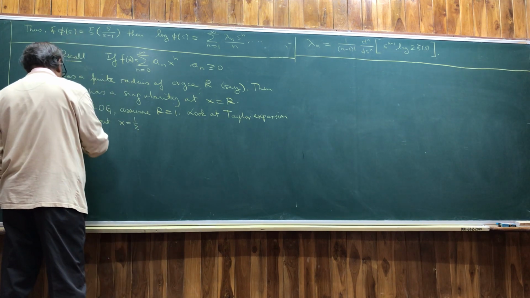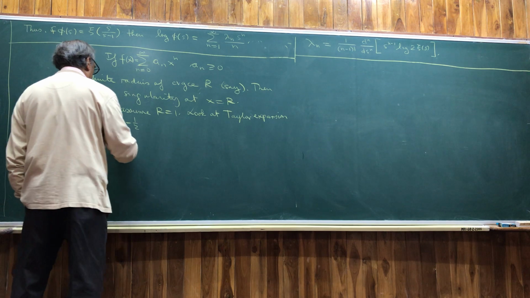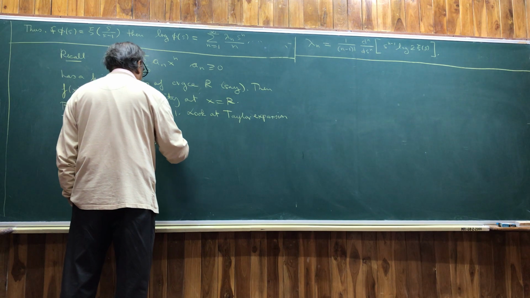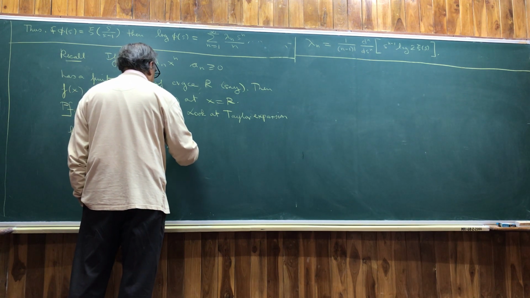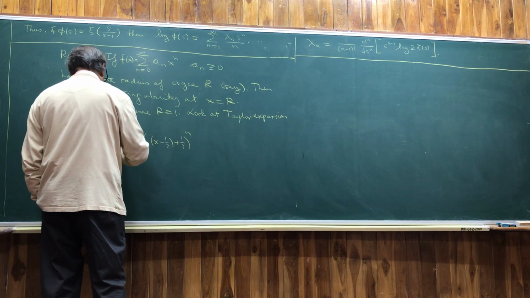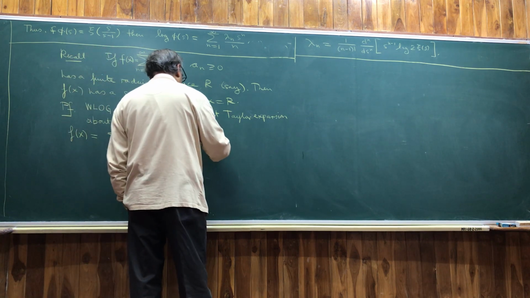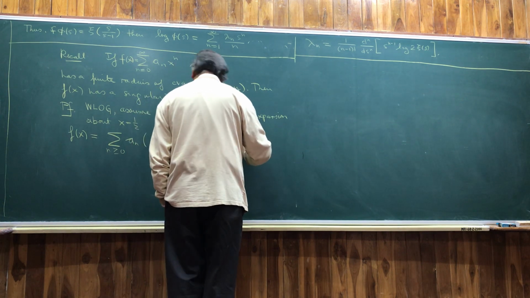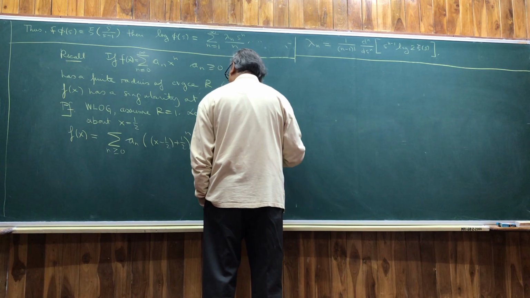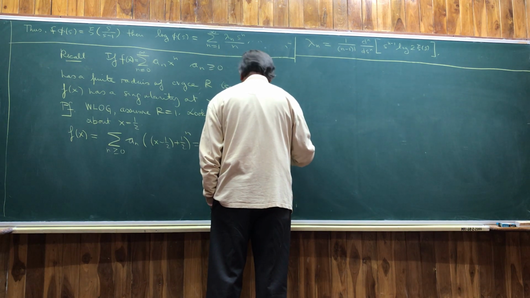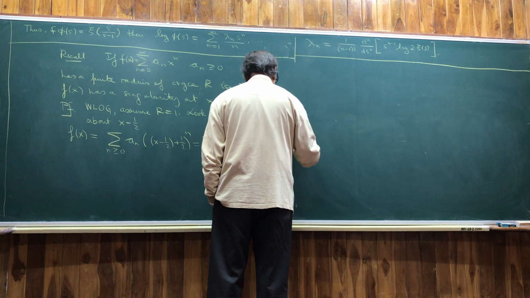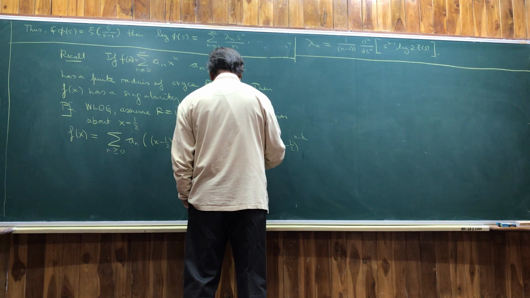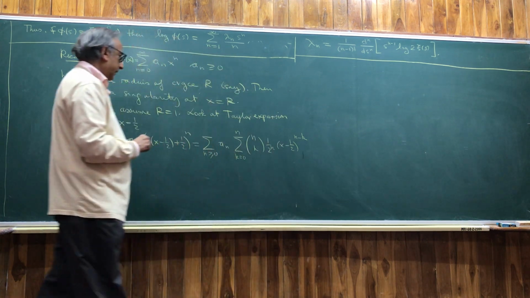So f of x is equal to the summation of a sub n times x minus a half plus a half, to the power n, which is the summation of n choose k, one half to the n minus k, times x minus a half to the k, with k going from 0 to n. So I'm just taking the expansion.